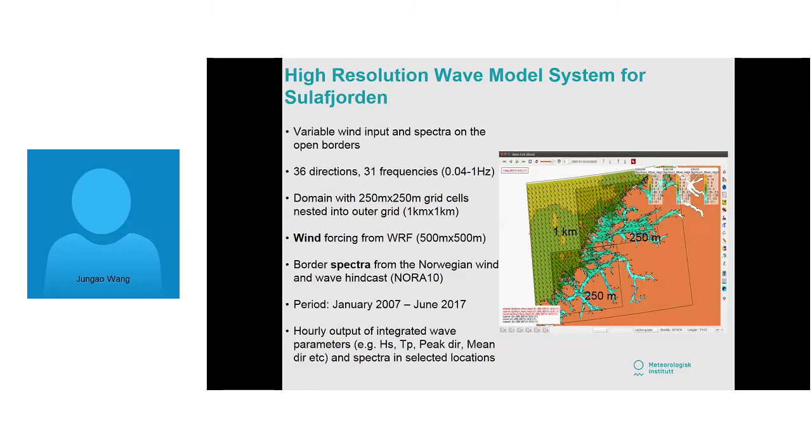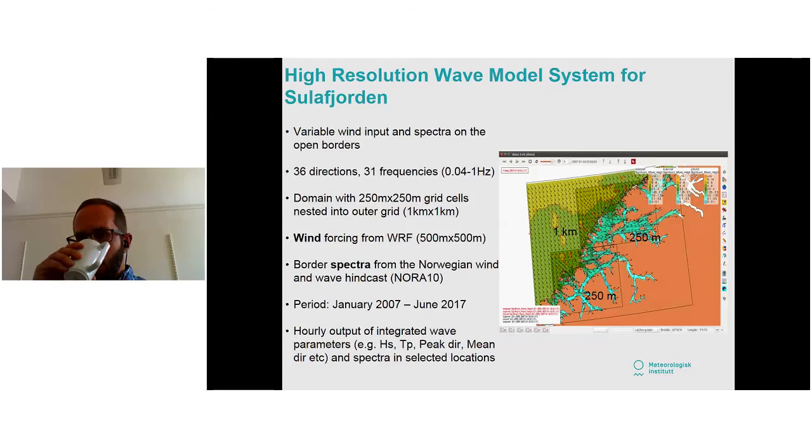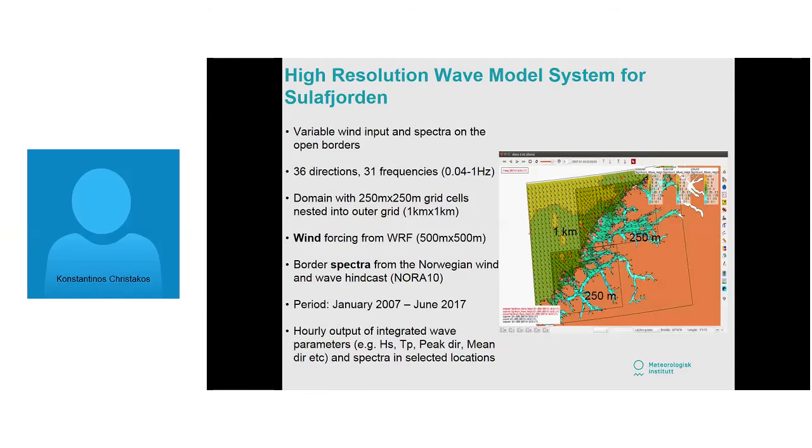Because I think for swell simulation it's probably required to have a 3 degrees resolution for swell conditions, isn't it? Oh, sorry, for wind. For wind, yeah. This is one thing that, yeah. With 36 directions, we see that we get, for example, enough information, of course for the swell and also for the wind sea.